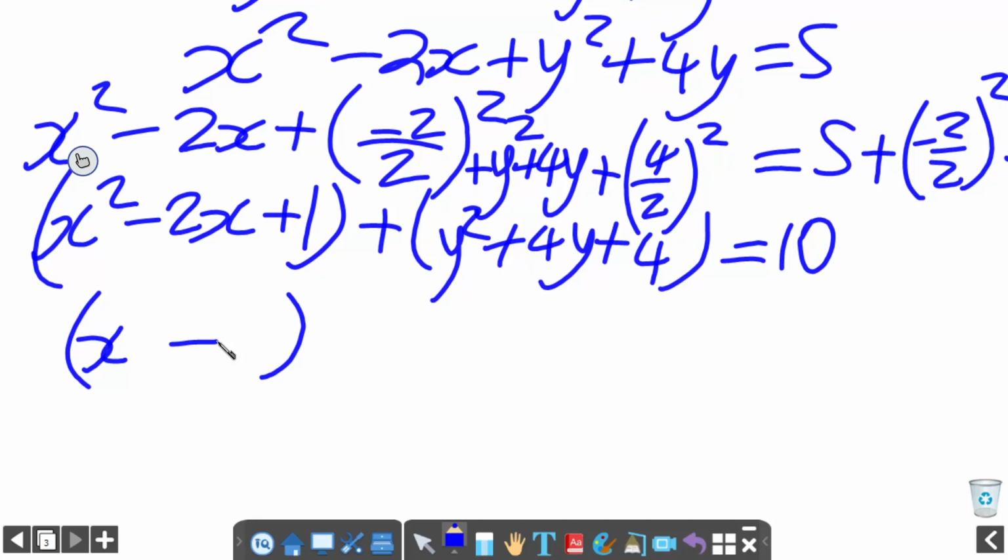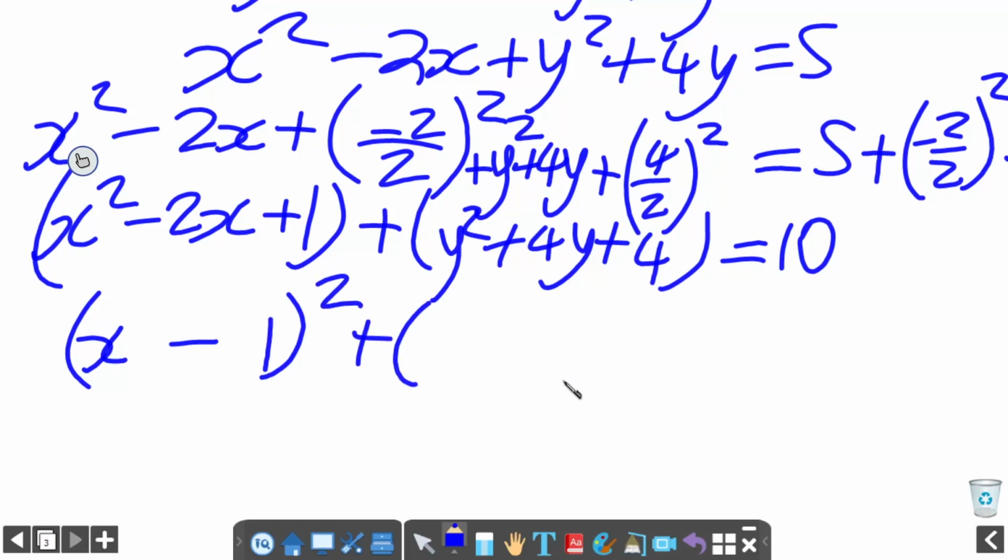So how do you find these terms? You look for the square root of the first term, x. Then the square root of the last term, which is 1. And then how do you get your sign? The sign in the middle. And then you just put squared.